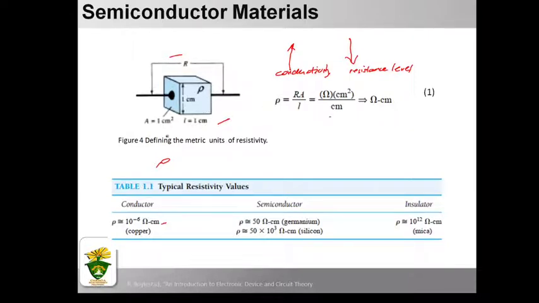Given that our area is 1 centimeter square and the length is 1 centimeter, using the resistivity formula, resistivity is equal to resistance times area over length. So we have ohm centimeter square over centimeter, then we cancel, so we are left with ohm centimeter. This fact will be helpful to remember as we compare resistivity levels in the discussions to follow.